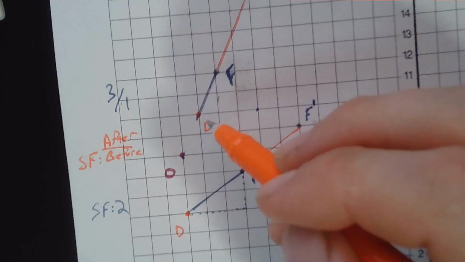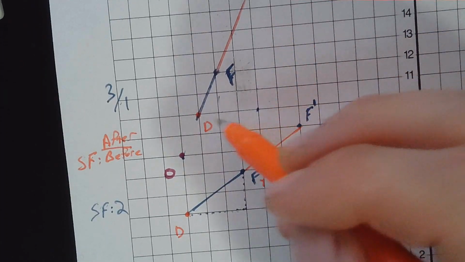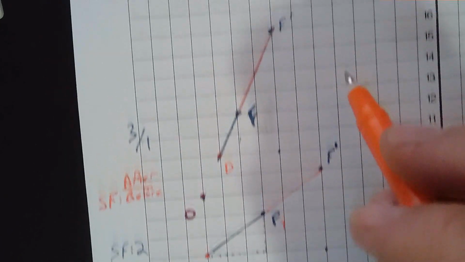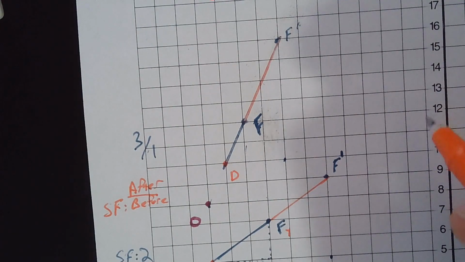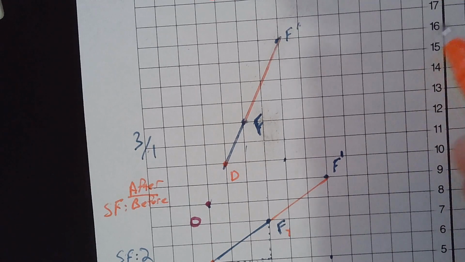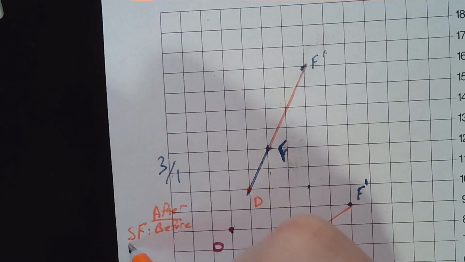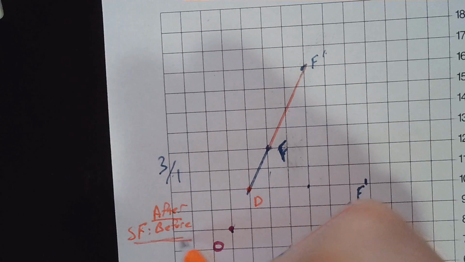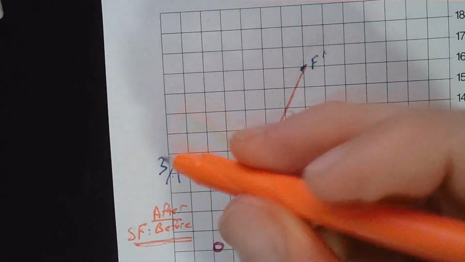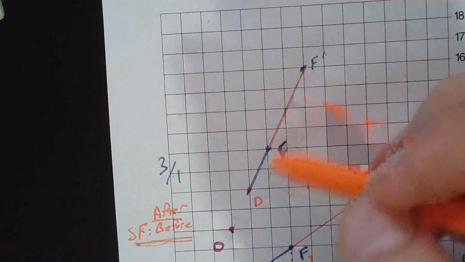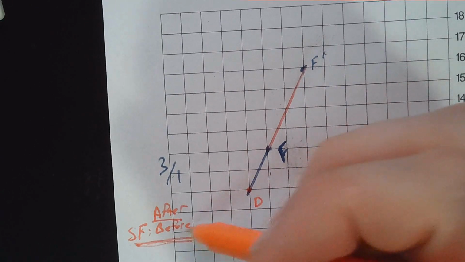Okay, it's just counting x's and y's, the changes in x and the changes in y, and you don't even need the coordinate plane to do that. The coordinate plane is just a useful tool to help you identify the changes in x and the changes in y. Okay, so remember, the scale factor is anything about that dilation, that figure after, divided by anything before.